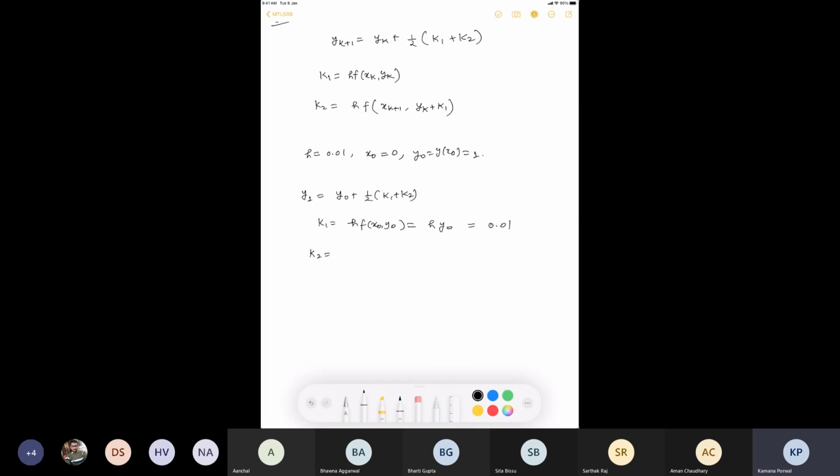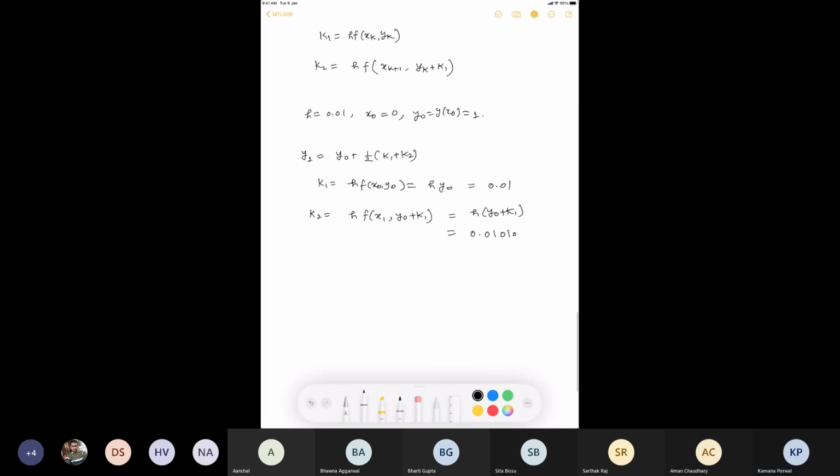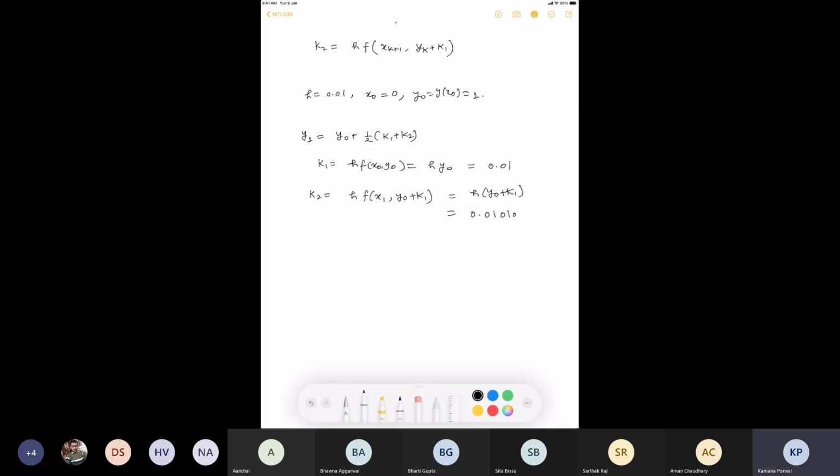And k2 is h times f of x1, y0 plus k1, so h times y0 plus k1. y0 is 1, k1 is 0.01, so 1.01 multiplied by 0.01 gives 0.01010.